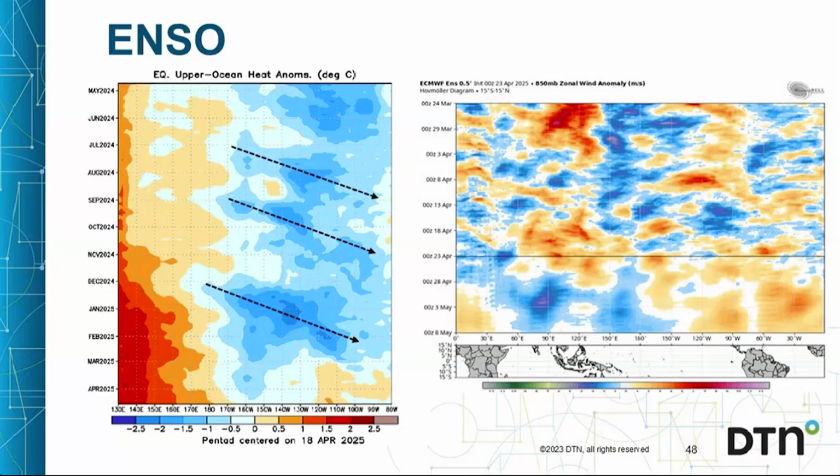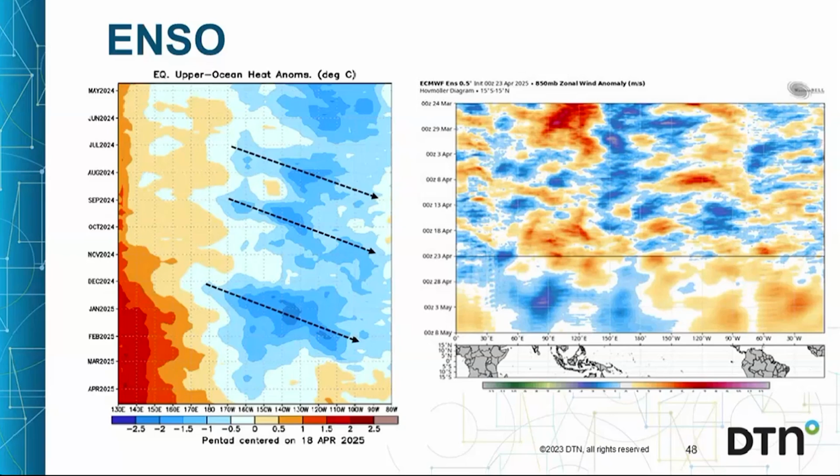Westerly winds are expected through the next 2 to 3 weeks. Temperature volatility can be expected going into the summer. A couple of westerly wind bursts occurred in late March, and again in mid-April in the Western Pacific, which could be a step towards warming the tropical Pacific in the coming weeks.